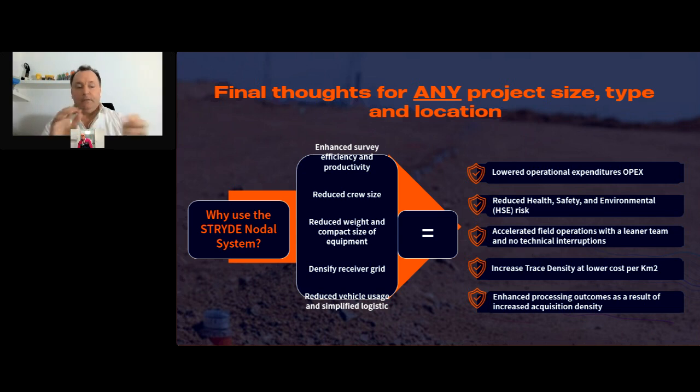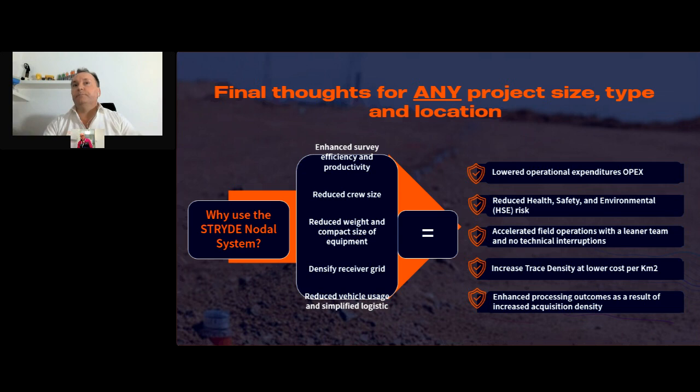It is about how the game has changed because of the size of the node, because of the weight of the node, because it can be fully buried below the surface and let you work freely with any kind of activity, and let you stop worrying about permitting and the consequences of third parties or weather on your surface geophone, surface node, or surface cable.